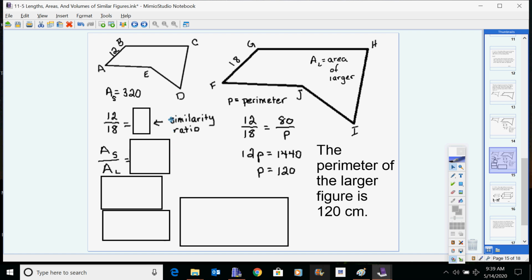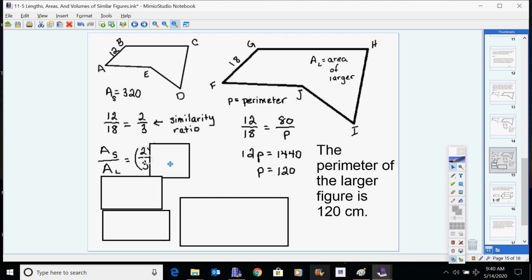Now, here it is convenient to actually reduce your similarity ratio. 12 goes with 18. 12 goes with 18. Smaller goes with larger. And if we take that similarity ratio and reduce it, we get 2/3. Divided by 6 gives us 2/3. Now remember, the formula said that it is the square of the ratios.